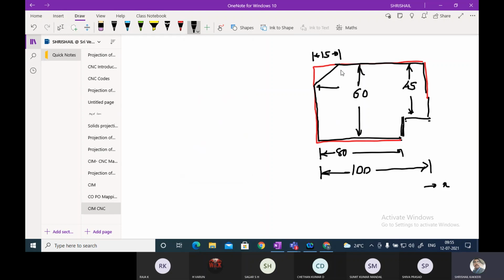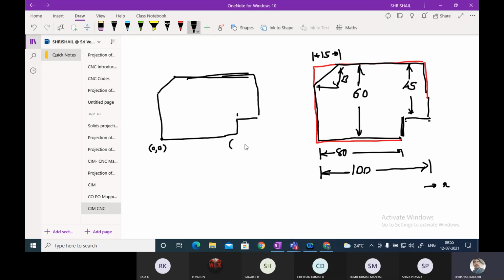This distance is 13. Look here. This position is 0,0.